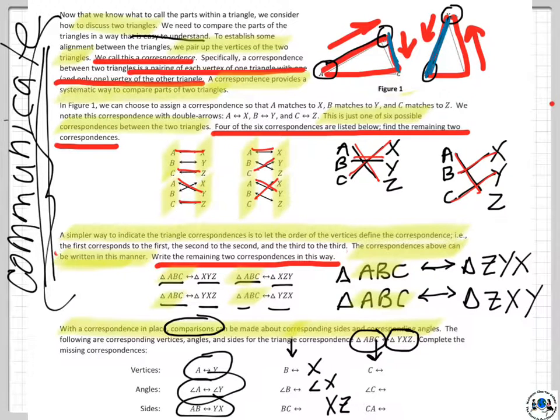So again, we have a different kind of correspondence here. Let's move on to C. Vertex C corresponds to vertex Z, angle C to angle Z, and side CA corresponds to side ZY. Boy, C and Z sure sound alike. That's the reason I should use Z.